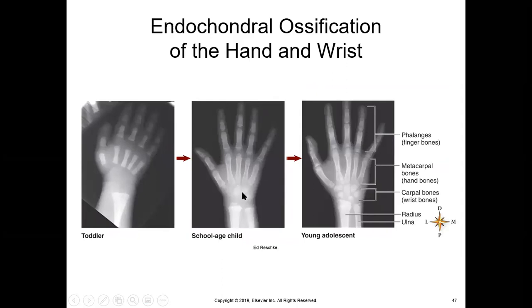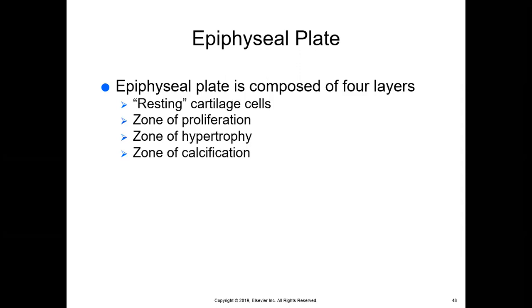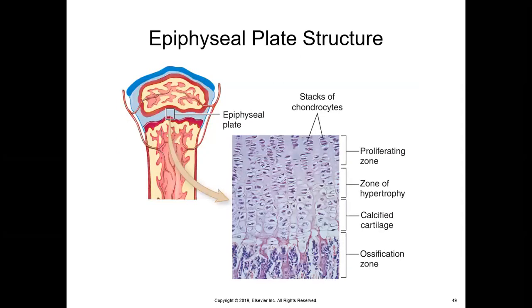This is a school-age child, where more and more of the hand is becoming calcified. Then when you get to a young adolescent, most of the bones are calcified. We're not going to get into the layers of the epiphyseal plate.